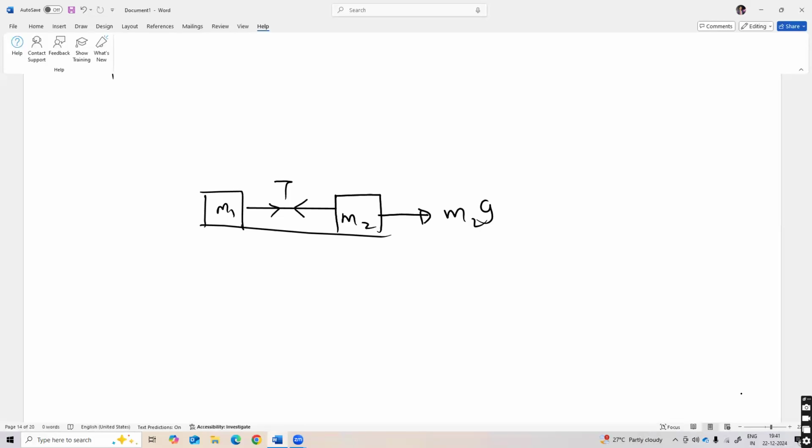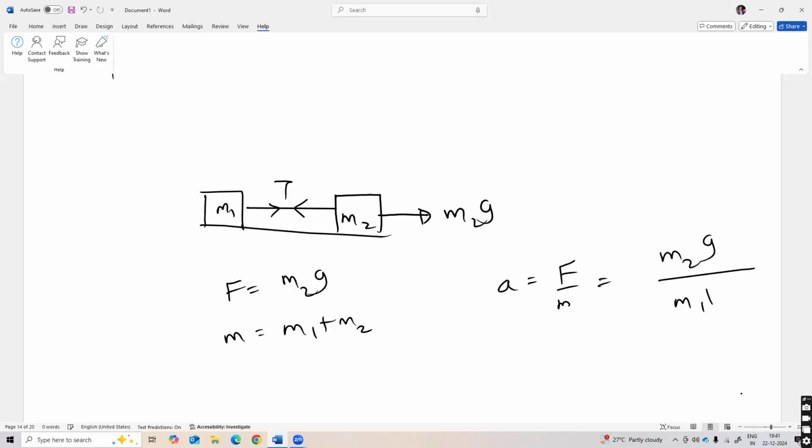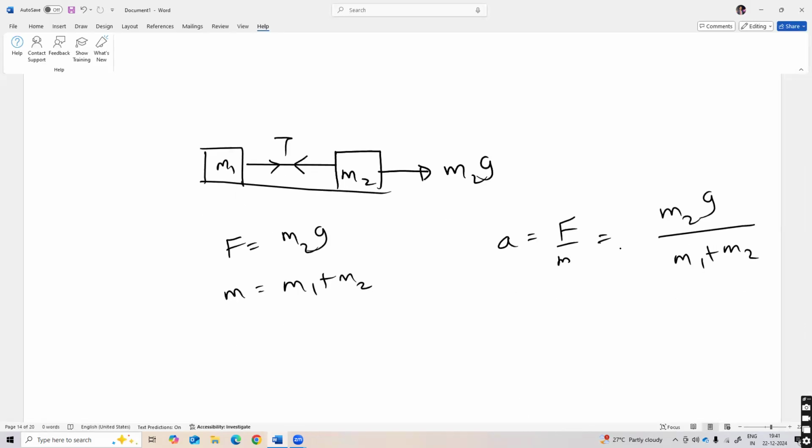From this, the net force acting is m2g, and the net mass of the system is m1 plus m2. So acceleration is force upon mass, which is m2g divided by m1 plus m2. Now if you draw the FBD of mass 2, it has acceleration a, tension T in the opposite direction, and m2g force on the right-hand side.